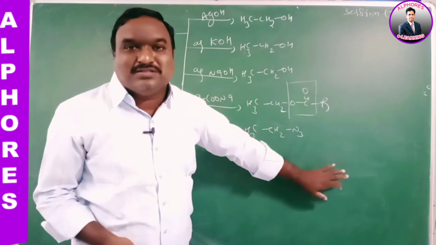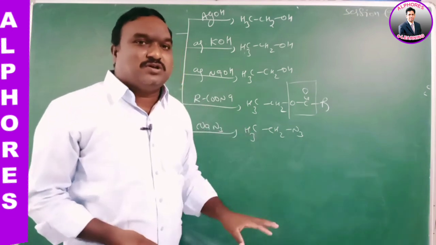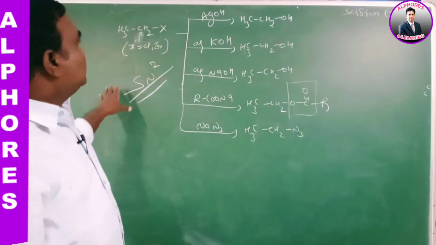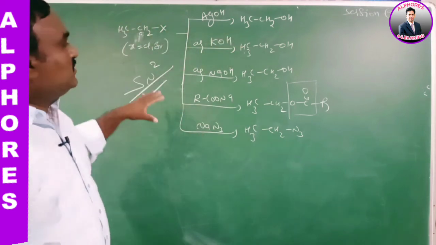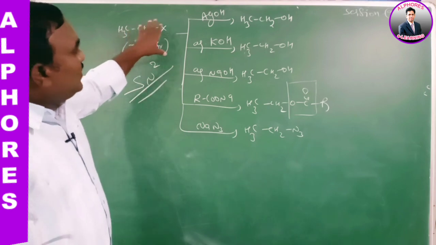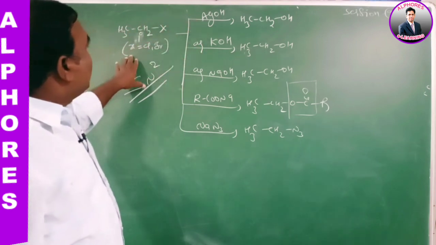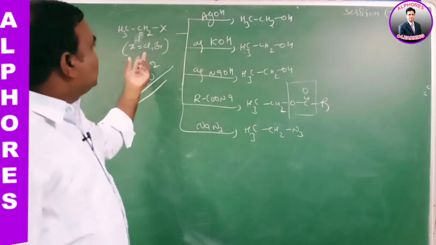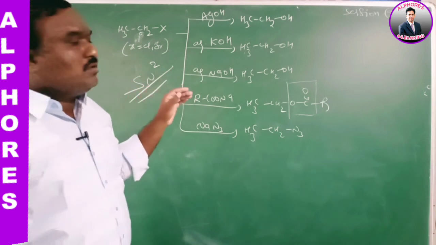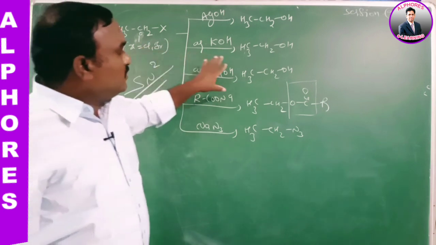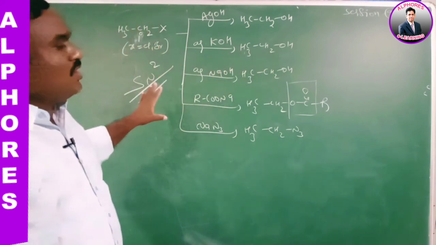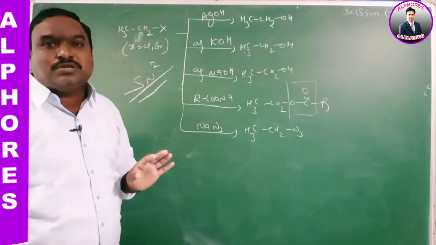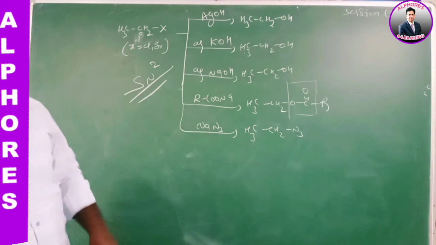This is the way to write the reactions for given compounds. Based on the given reactant and reagents, we can identify what type of mechanism is possible between the two. Simple compounds means the majority undergo bimolecular nucleophilic substitution reactions. So thank you.